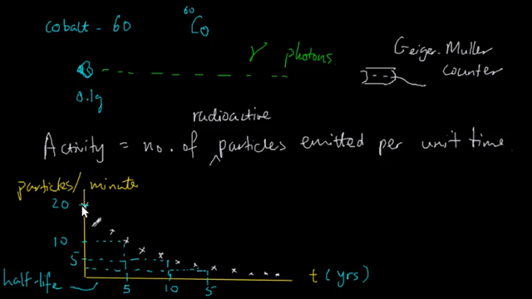Even if they might have a different activity at the start, they might have a different half-life, but for all radioactive materials, they will show this feature when you plot the graph, that after a time when half of the activity is reached, if you wait for the same amount of time, the activity will come down by half again, and then after the same period of time, it will come down by half yet again.